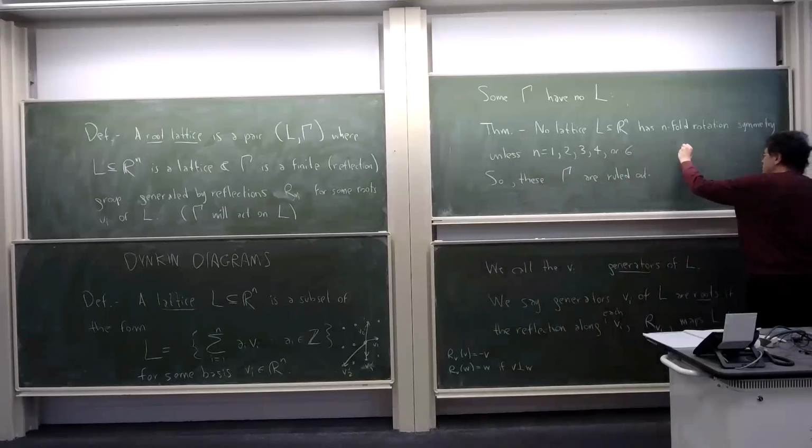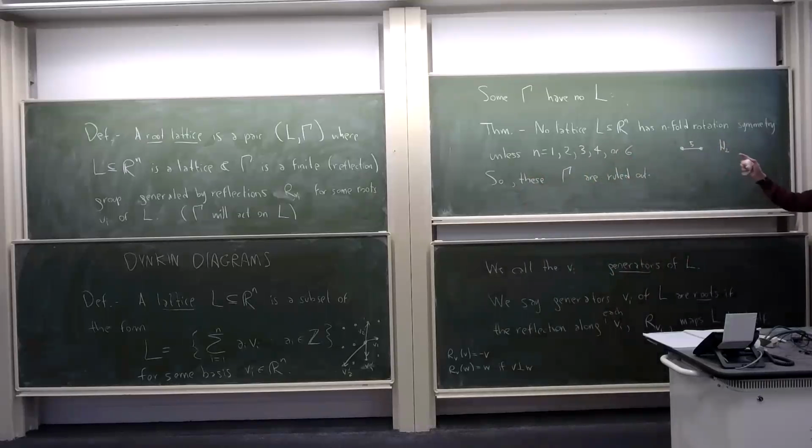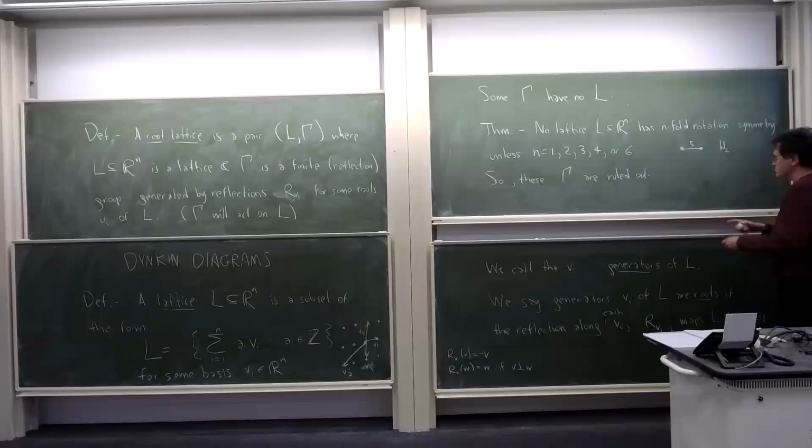Remember, there's this guy here called H2, which is the symmetry group of a regular pentagon. So it has 5-fold rotational symmetries within it, and that can't show up as part of a root lattice.